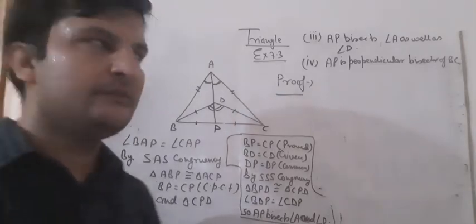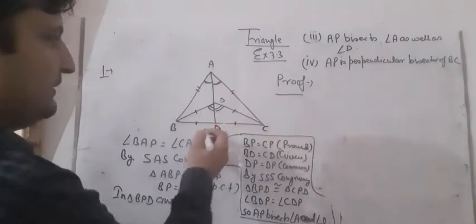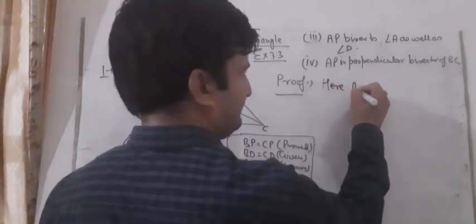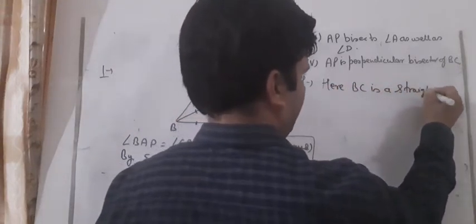For solving this, students, we will do it. AP is perpendicular bisector of BC. Here BC is a straight line.